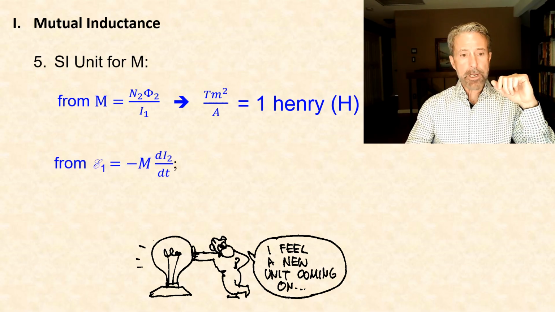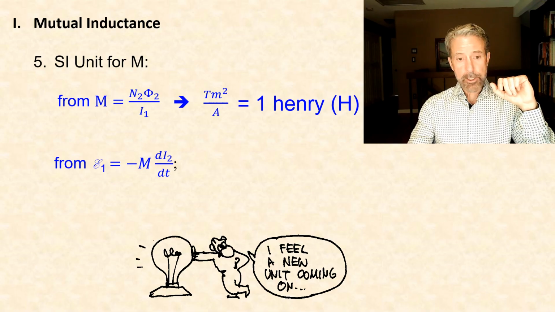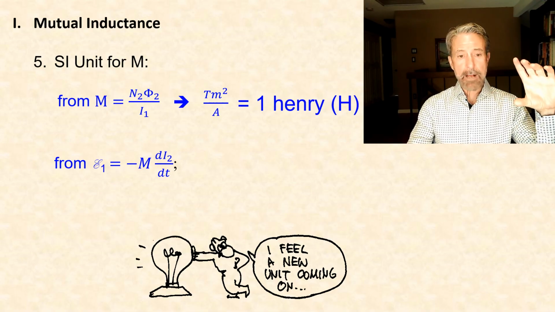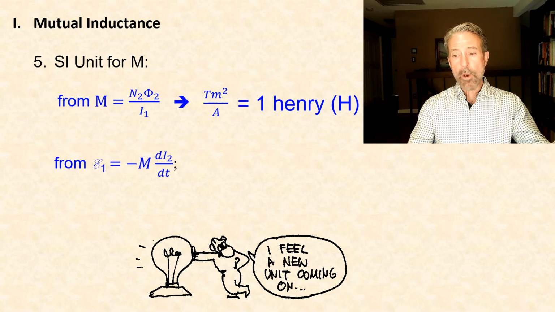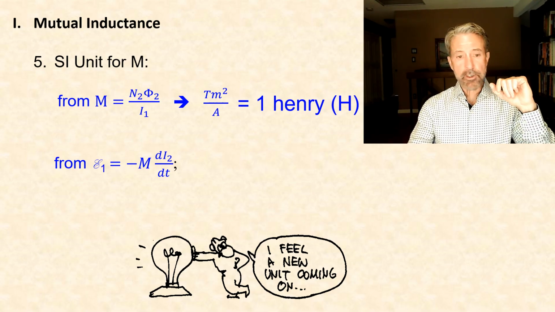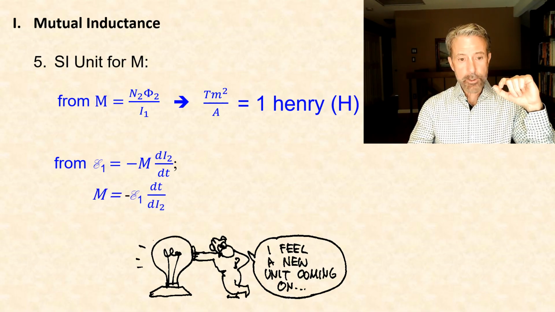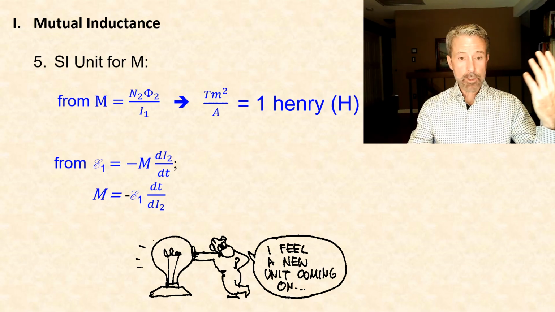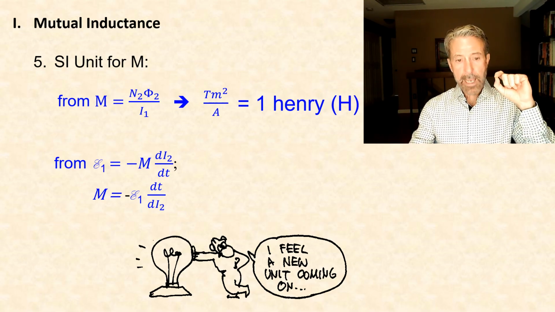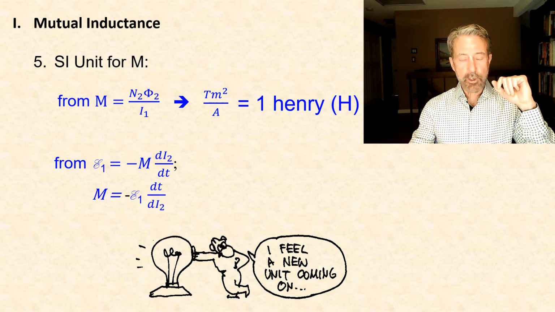From our expression for mutual inductance using Faraday's law, we see it's a proportionality constant between the EMF induced in one coil and the time rate of change of current in the other coil. When we solve the equation for M, we see that it goes like EMF times the reciprocal of the time rate of change of current.